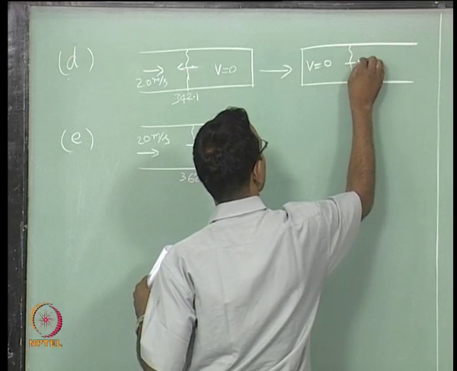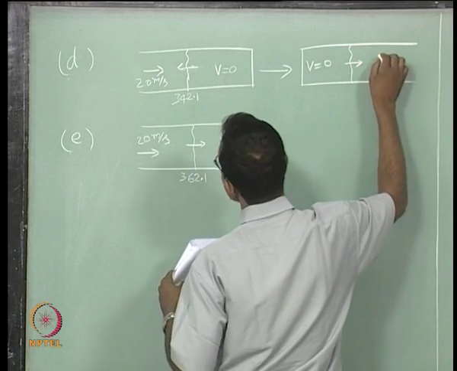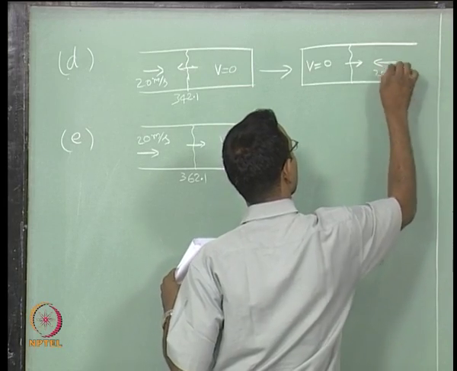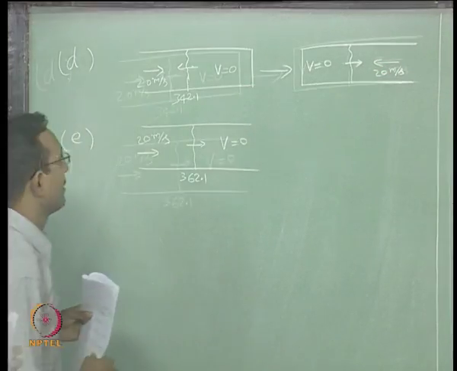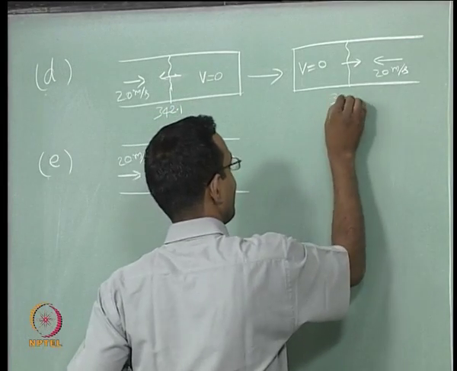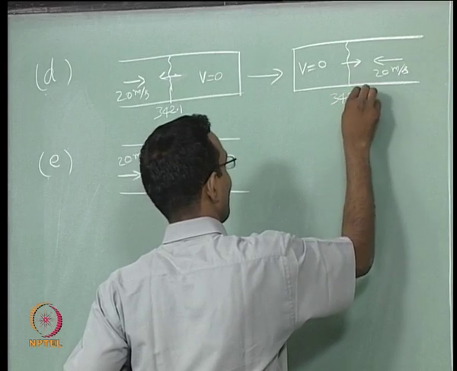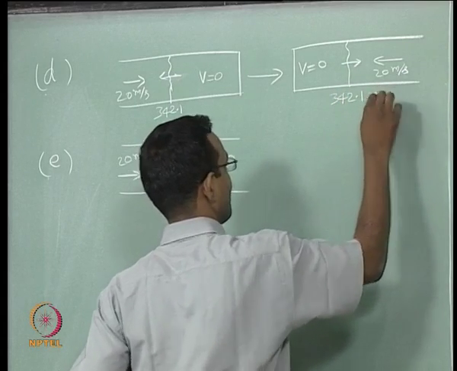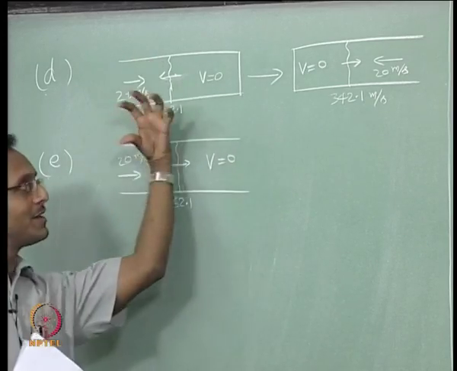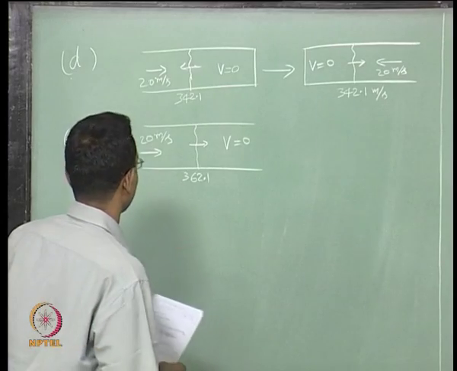V equal to 0, shock is going to the right and velocity is against it. If I have a case like that, I have just transformed this exact problem that way, it is nothing wrong, I have just multiplied with -1 for the whole system. Or I can say that instead of looking from this side, I am looking from the other side of the board, then it will look like this.